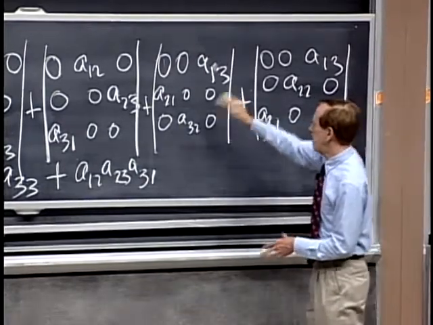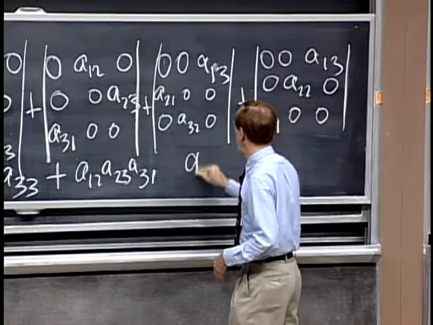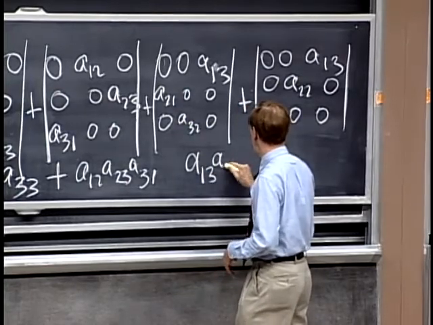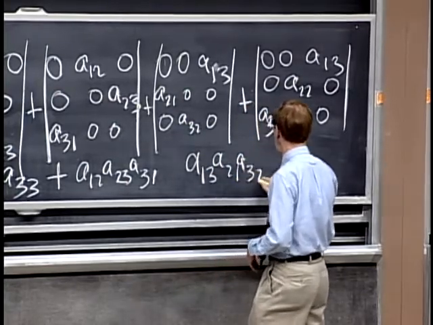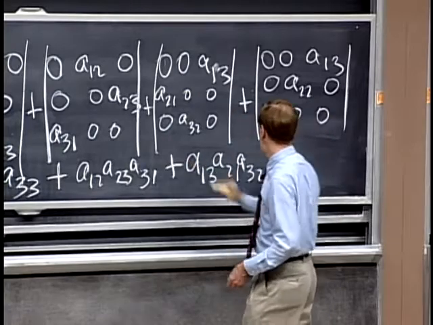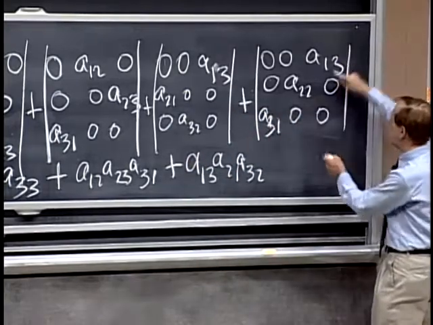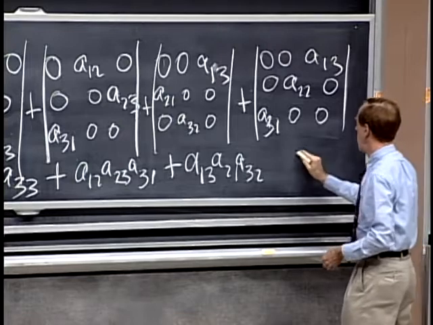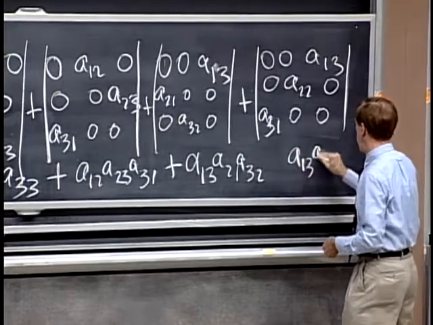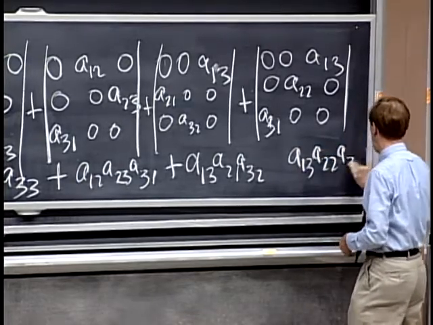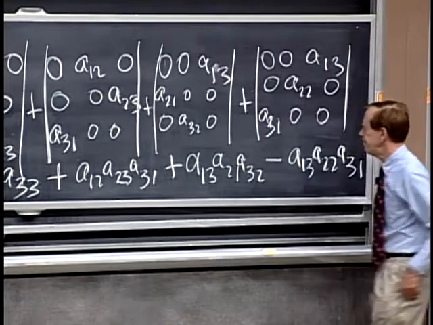And let's put down what we get from those. An A13, an A21, and an A32, and I think that one is a plus. And this one is a minus because one exchange would order it.